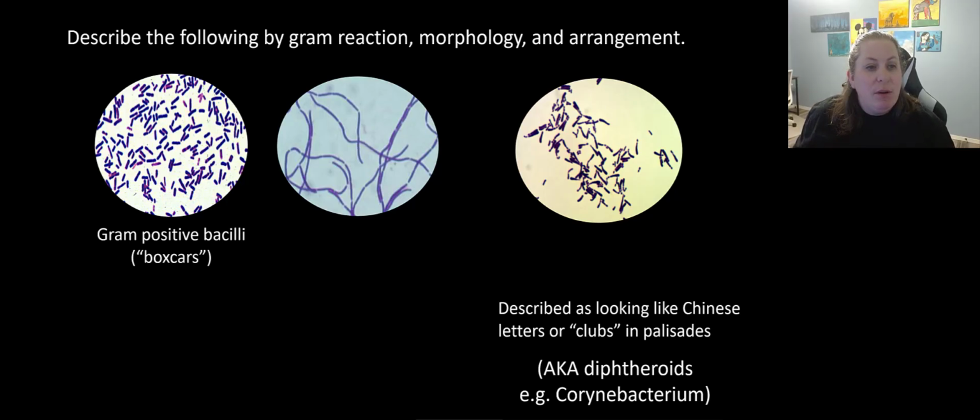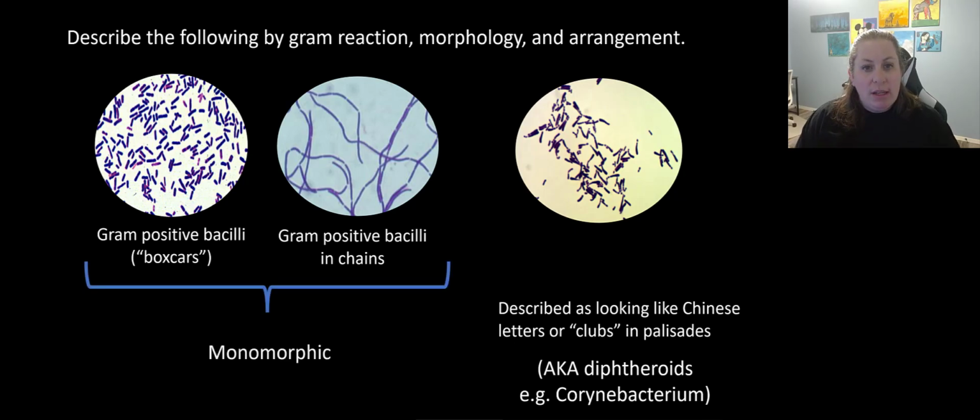The next one, when we look at it, it is also purple, so it is gram-positive. They are bacillus, but they are in chains. Now, technically we could say that these are streptobacilli, but again, we don't normally use those terms. Now, if you'll notice though, these guys all have a very uniform type of morphology or shape, and so these are known as monomorphic. Mono meaning one, morphic meaning shape, okay?